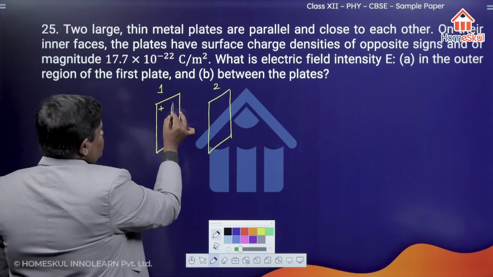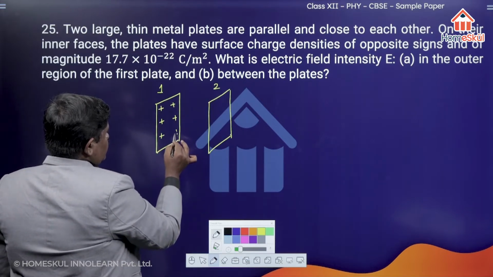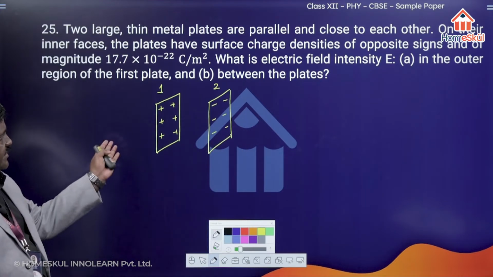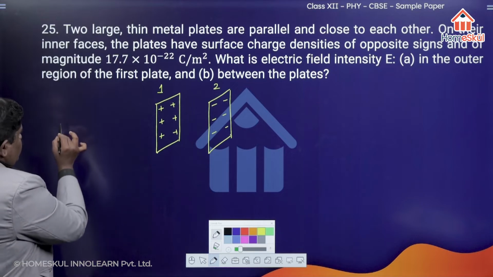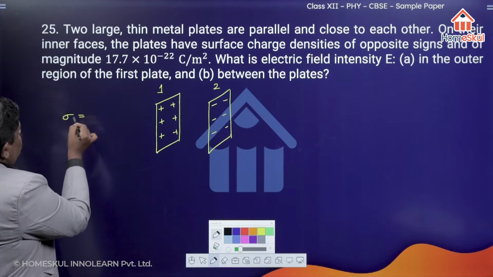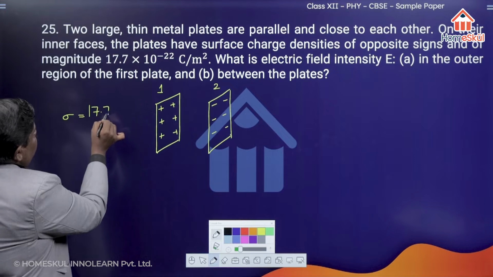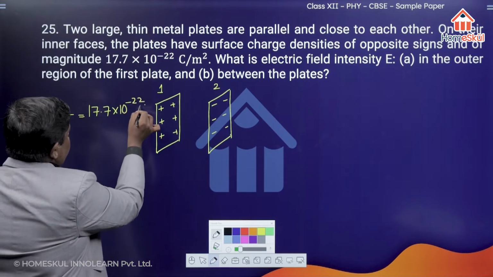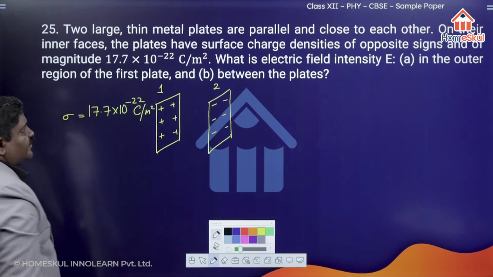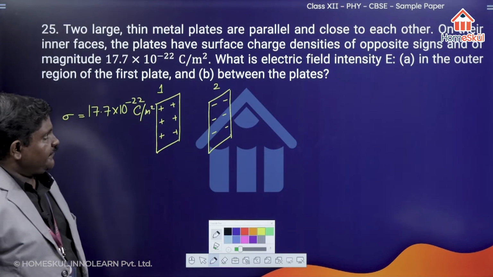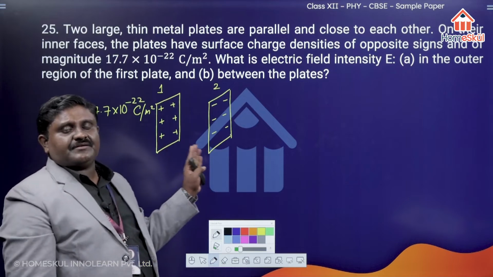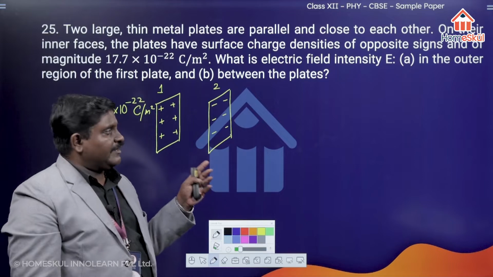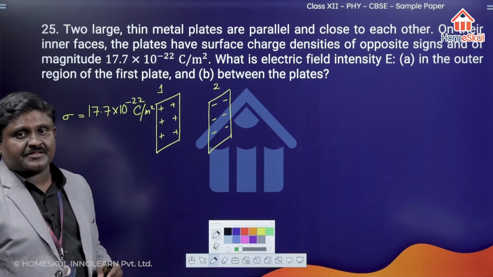One is charged positively, the other one is charged negatively. Its surface charge density sigma is given, that is sigma is equal to 17.7 into 10 raised to minus 22 coulomb per meter square. This case we already discussed in the chapter electric charges and fields, as an application of Gauss's law.